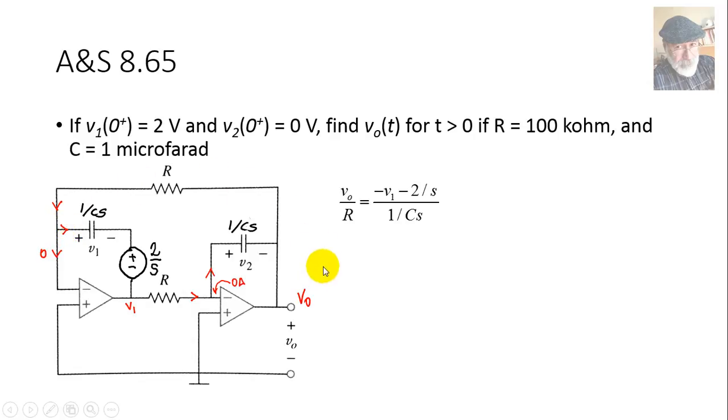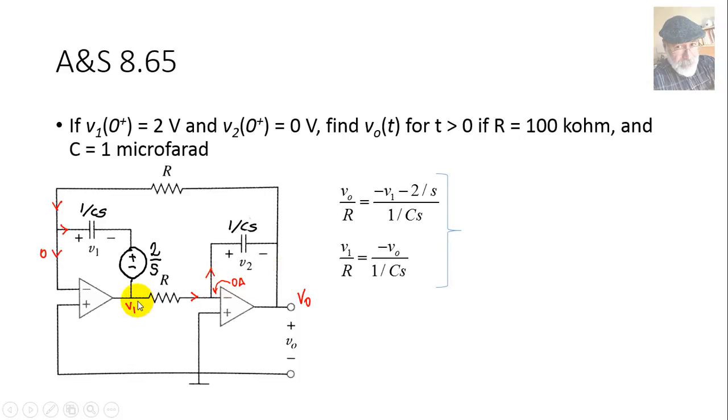Current going in, V0 minus 0 divided by R, this one, and that is equal to the only current leaving the node, this one through the capacitive branch: 0 minus V1 minus 2 over s, divided by the impedance, that is this term. Another KCL equation for this node, the non-inverting node of the rightmost op-amp.